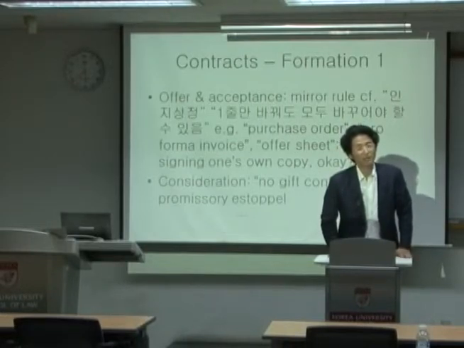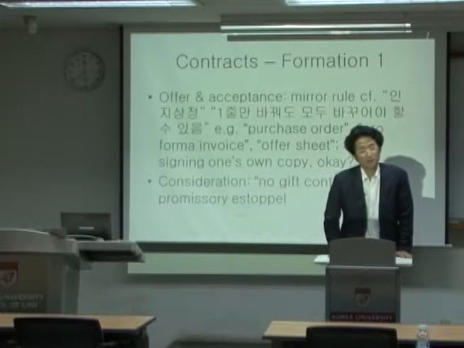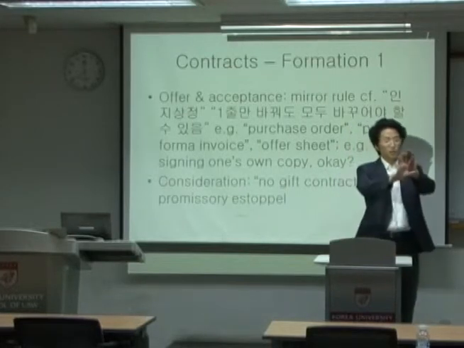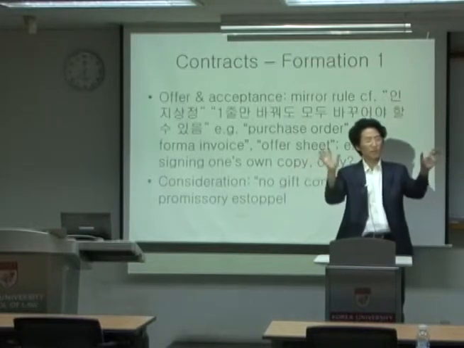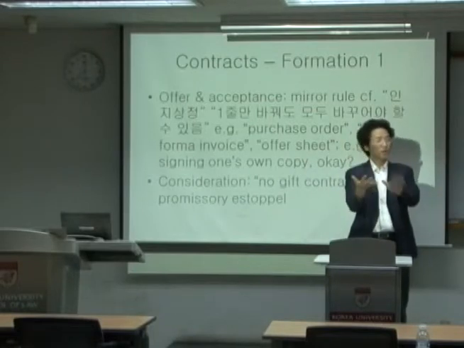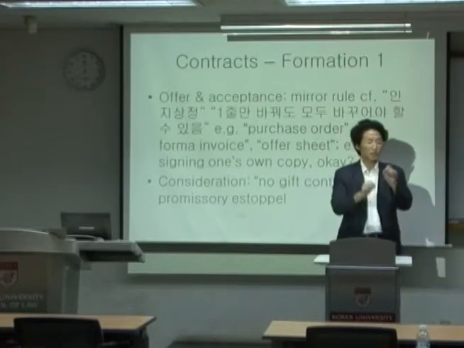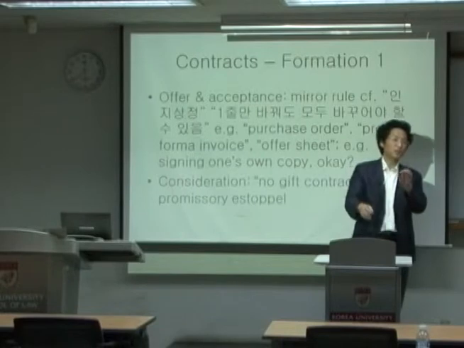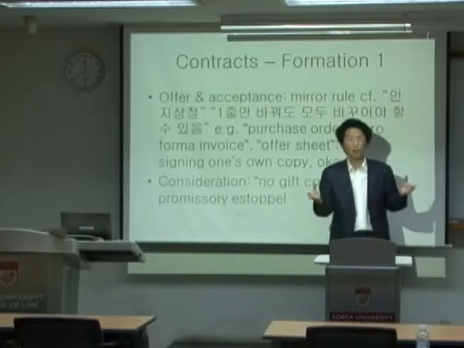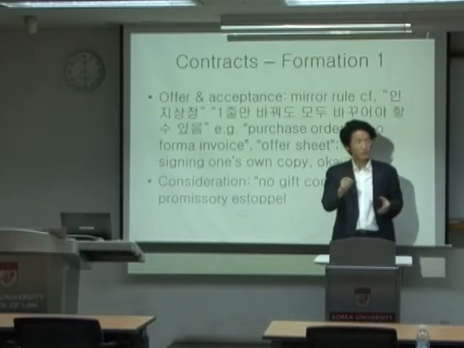So you are signing the same document, which means that there are no 2 separate documents that have to be equal. There's just one document. Okay? So both parties end up signing one document. So the mirror rule is almost automatically satisfied.